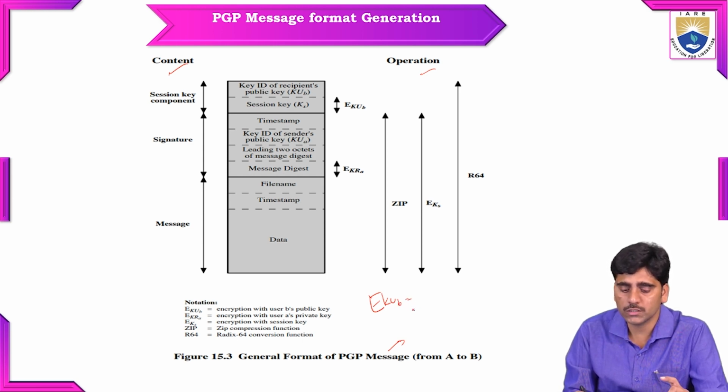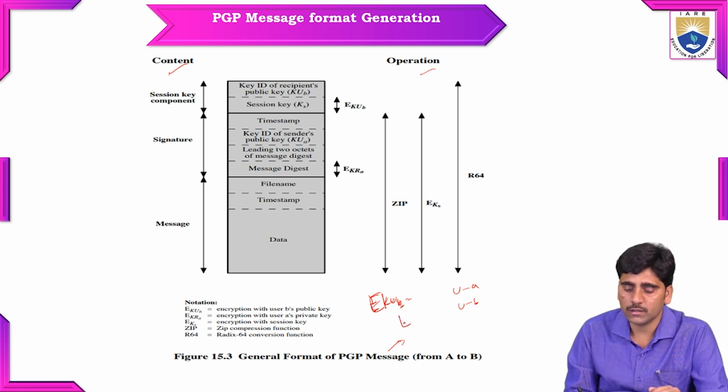There are two users, user A and user B, and we are thinking about transmission of data between them. Here E stands for encryption and KUB stands for public key: encryption with user B's public key.